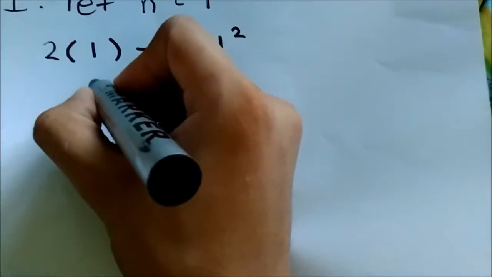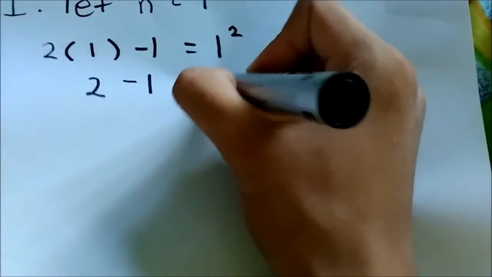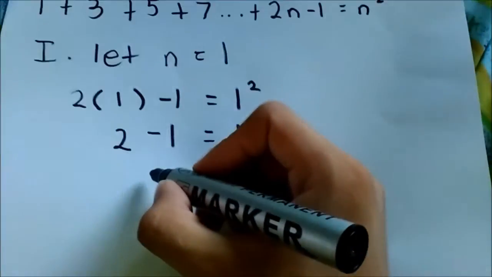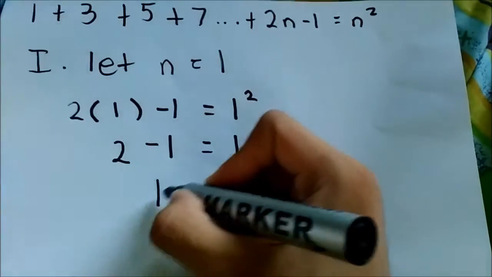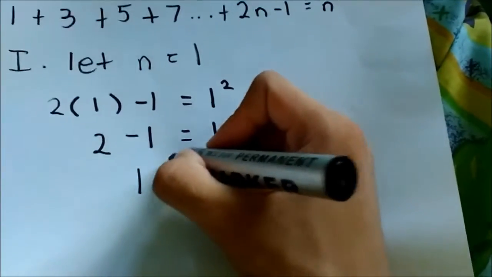Then 2 times 1 is equal to 2. Minus 1 is equal to 1. So 2 minus 1 is equal to 1. And 1 is equal to 1. So you prove that this equation can be proved using mathematical induction.